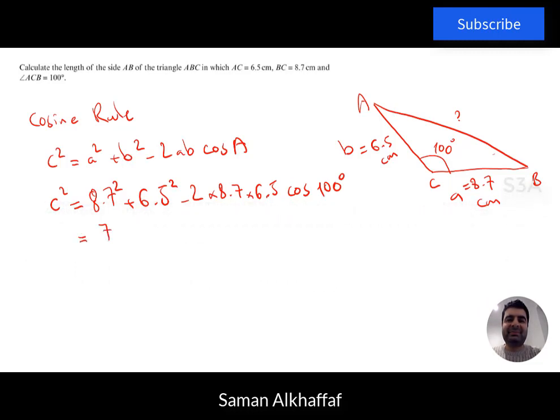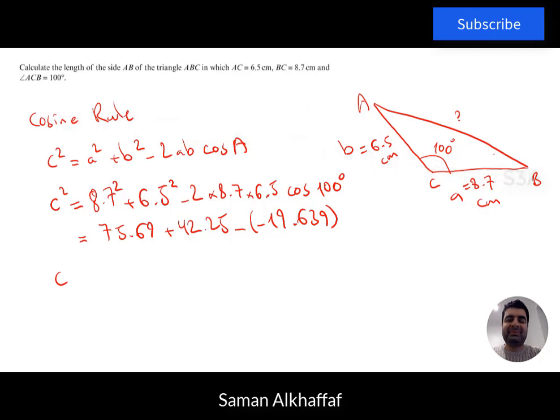So that will give us 75.69 plus 42.25, and we would also have minus minus 19.639. We can take the square root of adding and simplifying this expression.